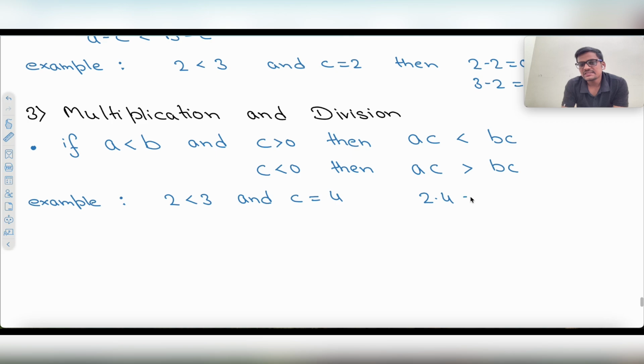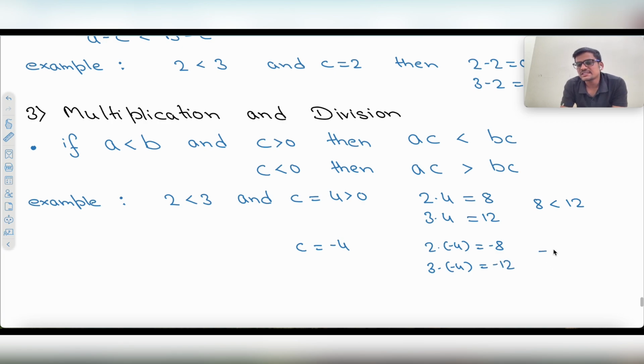So 2 into 4 is 8 and 3 into 4 is 12. So clearly this 8 is less than 12, right? So after multiplication, the inequality has not changed. This is because 4 is positive. But if I take C as minus 4, then 2 into minus 4 is minus 8 and 3 into minus 4 is minus 12.